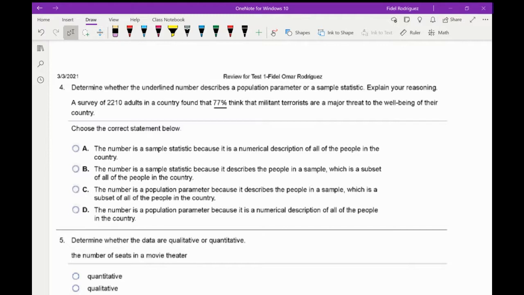Okay, so now we got to figure out, how do I know if this is a parameter or how do I know if this is a statistic?